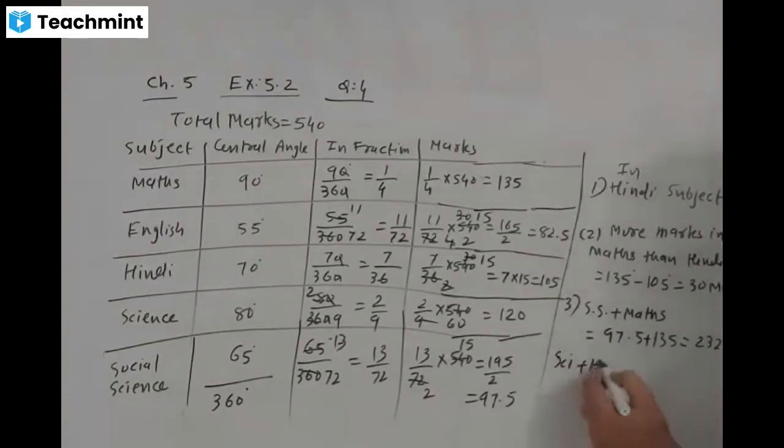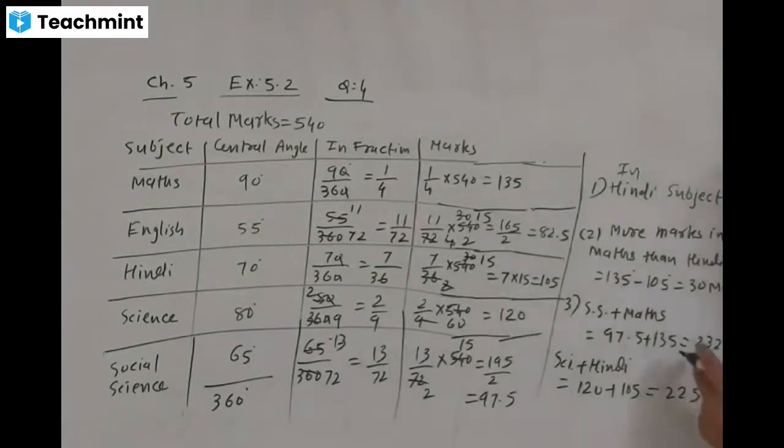Science plus Hindi: science marks is 120 and Hindi mark is 105, that is equal to 225.